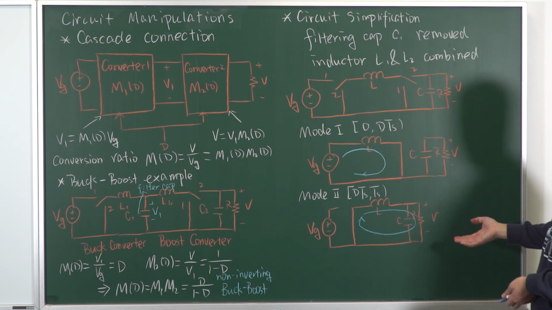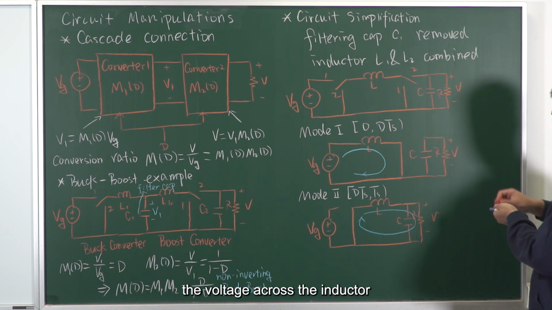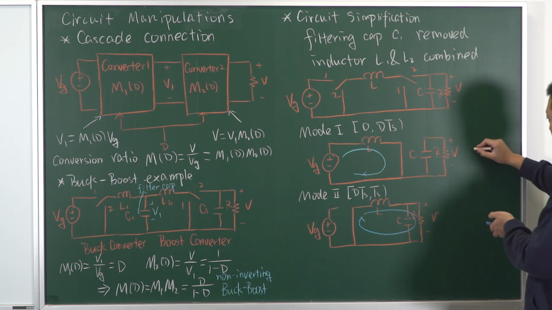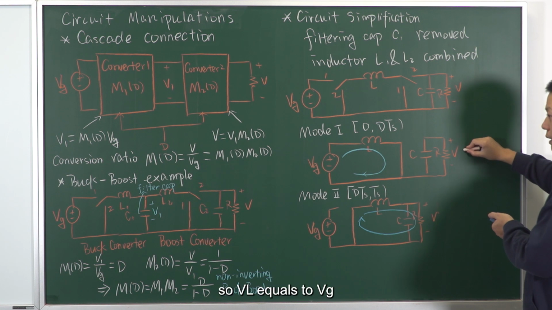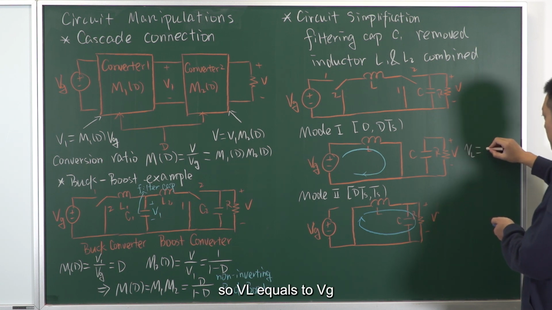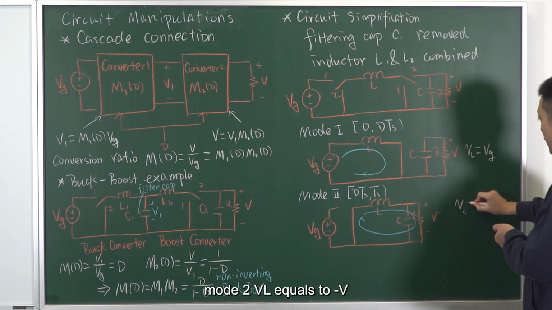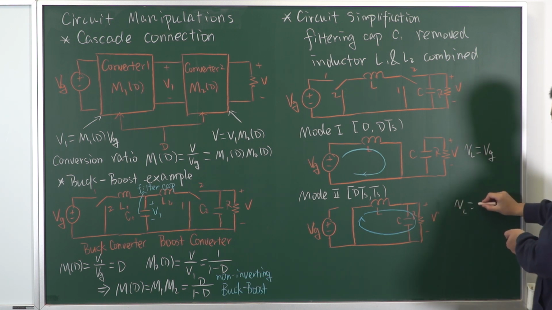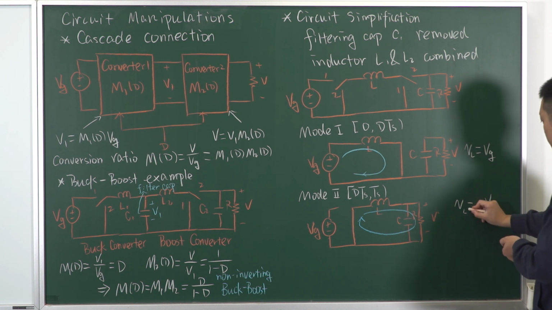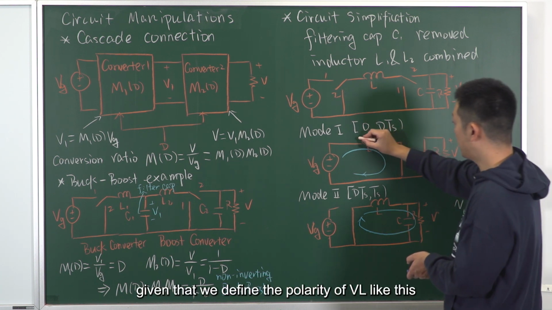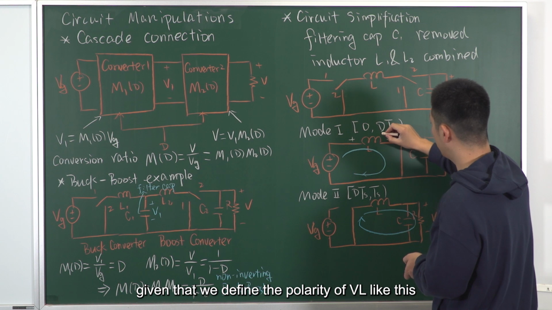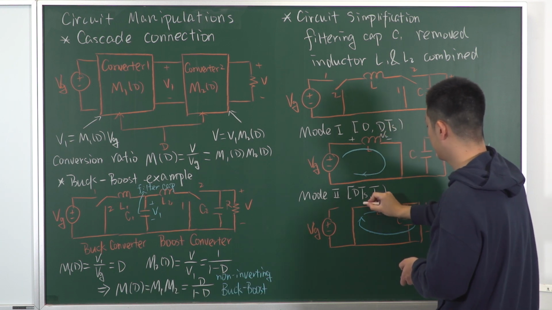So we can see that in mode 1, the voltage across the inductor, VL, equals VG. Mode 2, VL equals minus output voltage, given we define the polarity of VL like this.